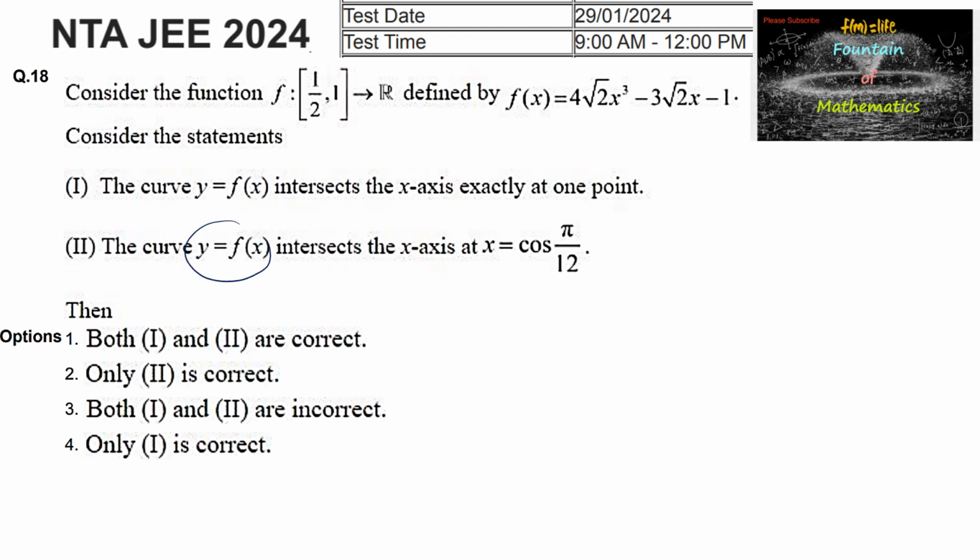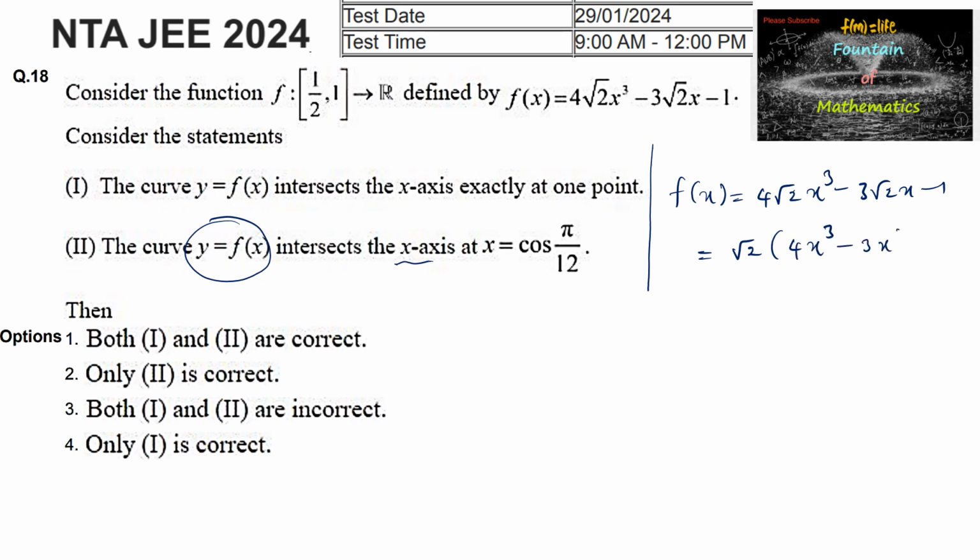The curve y is equal to f of x intersects the x-axis at the point x is equal to cos pi by 12. So given function f of x is equal to 4 root 2 x power 3 minus 3 root 2 x minus 1. This can also be written by taking root 2 common: 4x power 3 minus 3x minus 1. Let us consider x is equal to cos theta.